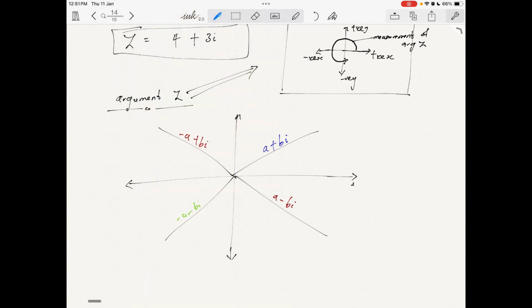And let's explain. Positive real, negative real, positive imaginary, and negative imaginary.